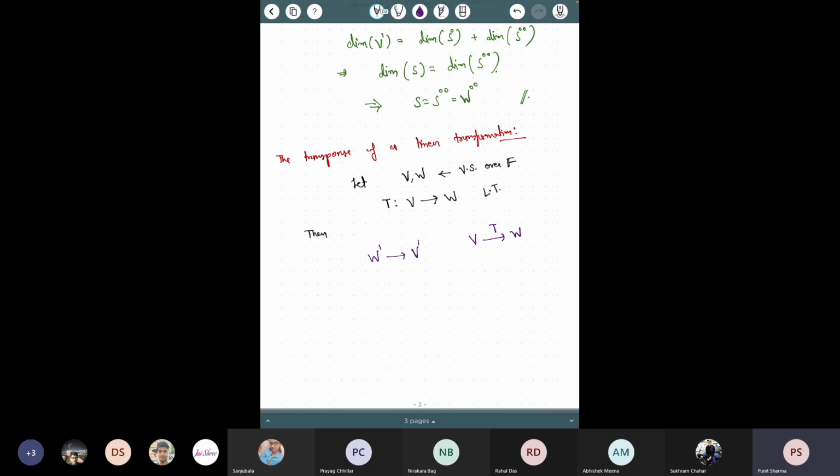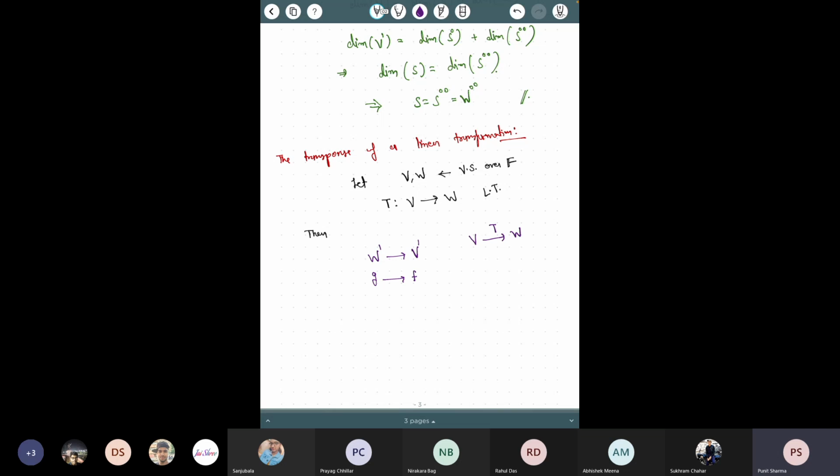How would I do it? I should take an element in W dash. So W dash consists of linear functionals on W. Let's take any linear functional on W. Then I should send this to a linear functional, let's say f on V, with some rule.